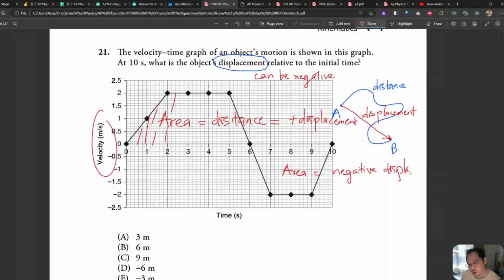So to answer this question, you need to calculate the two areas, the upper trapezoid and the lower trapezoid, and subtract the negative one from the positive one.